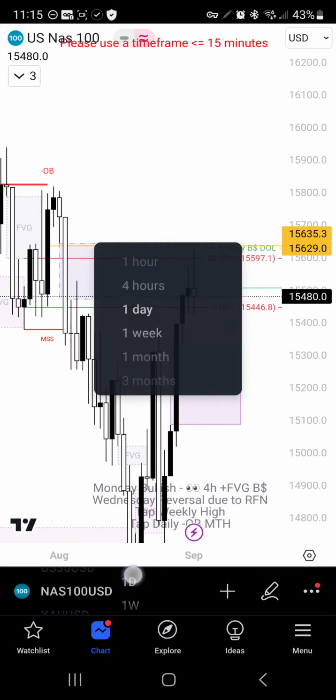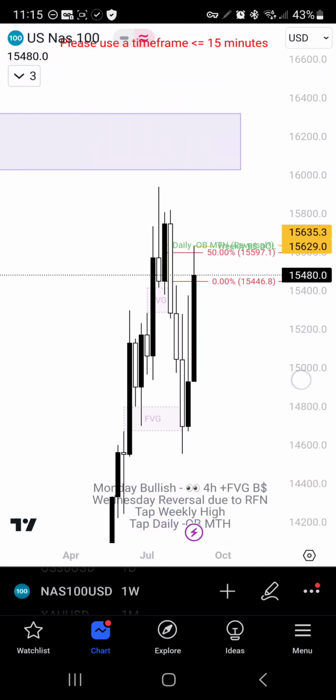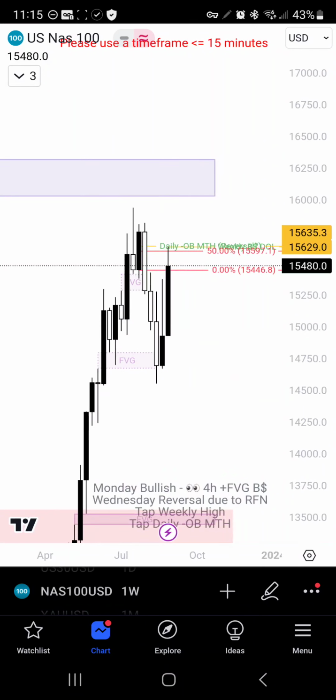Also what I left out is if you take a look at the weekly, we have a market structure shift right here. Classic ICT.